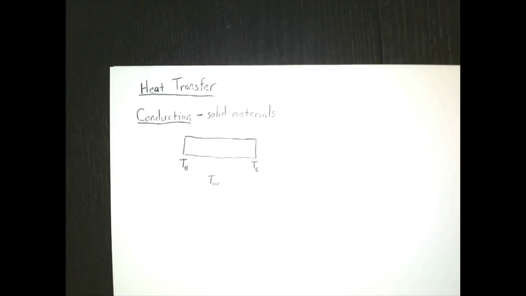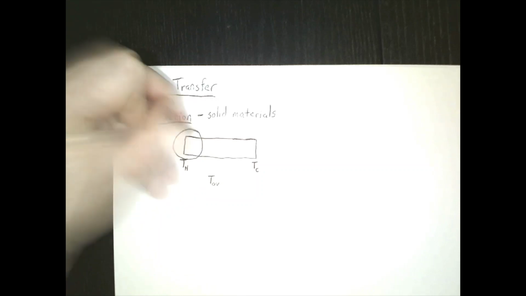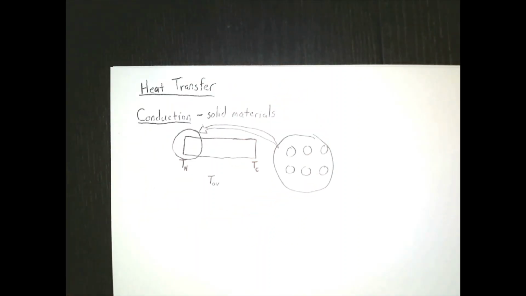The way this happens is we have to think down on the molecular scale. So if we zoom in onto the hot side over here, remember, a solid material is a lattice of molecules. So we have a bunch of molecules, and these guys are vibrating very fast because they are warmer, they have a larger kinetic energy.